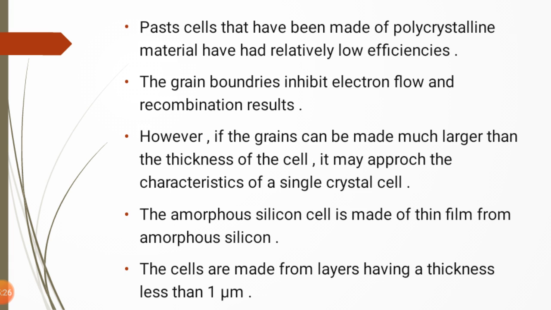But nowadays solar cells are generally constructed from single crystalline material, because if we compare polycrystalline and single crystalline material, in a single crystalline material there is only one crystal, so there are no obstacles or grain boundaries.